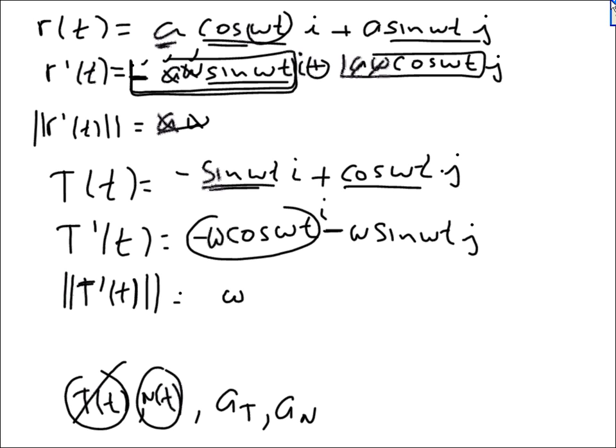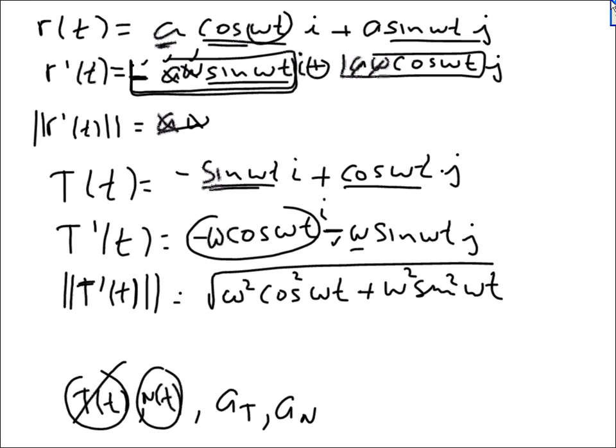Negative squared is positive, omega squared, cosine squared omega t, square the negative, square the omega, sine squared of omega t, square root.